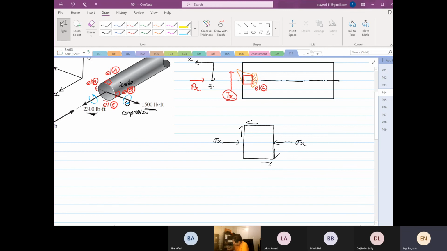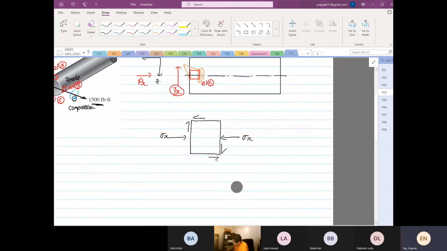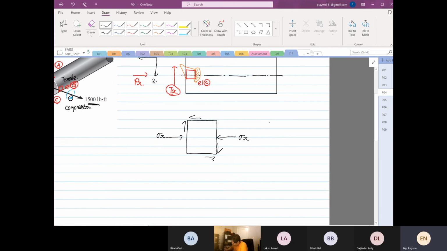I'll try to draw this in 3D now. So in 3D, it might not turn out well.